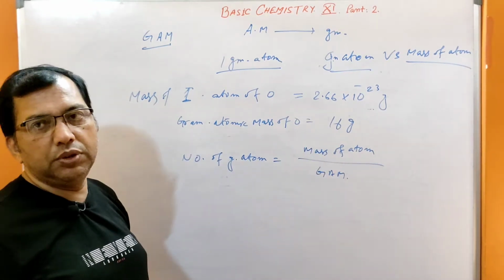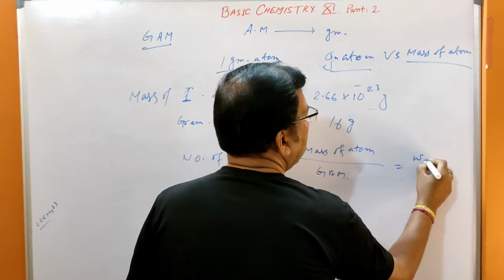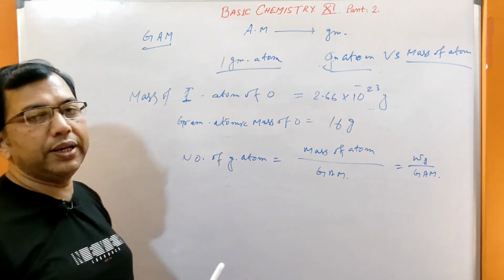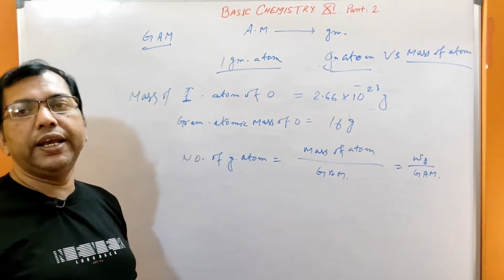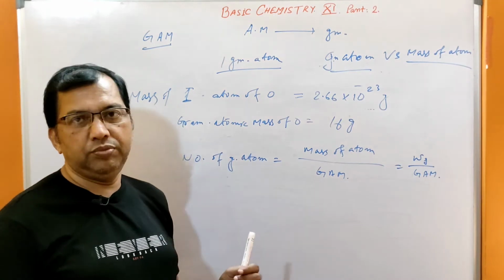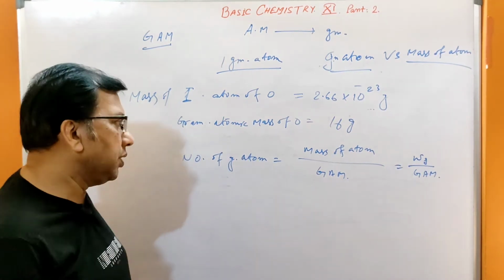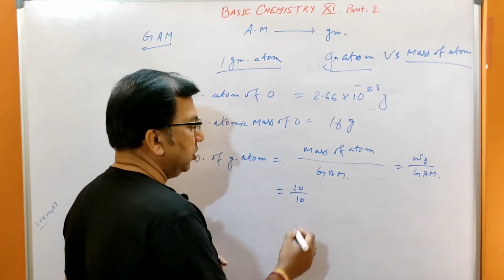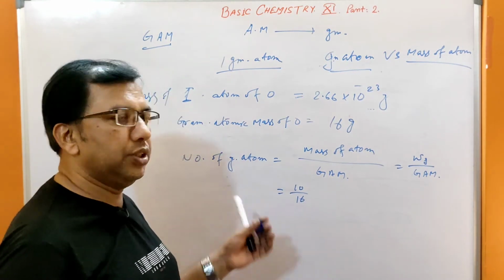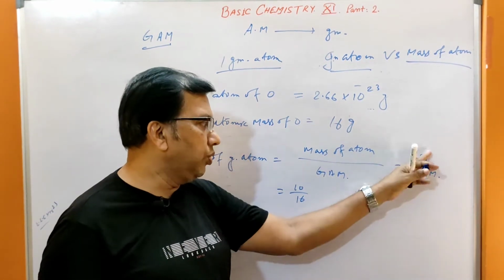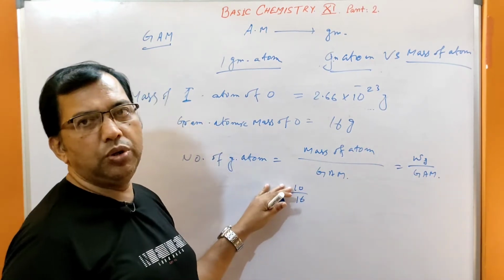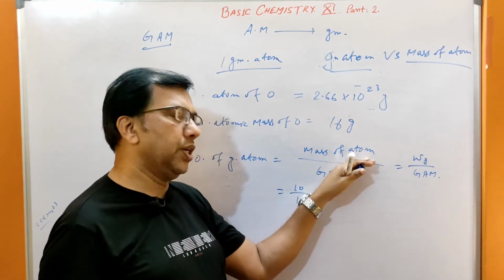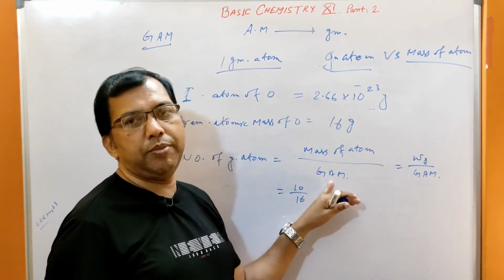Suppose the mass of an atom is given as W gram, then W gram by gram atomic mass of that atom. Suppose you are given 10 gram of any atom, so what is the number of atoms? 10 ग्राम में कितना atom है? That means 10 by 16 if the atom is oxygen, कार्बन होगा तो 6, ऐसे. That means W by GAM. The number of atoms equals mass of atom in gram by gram atomic mass.